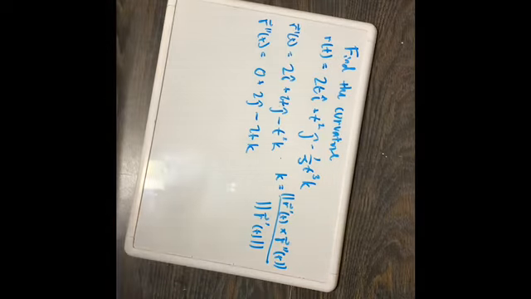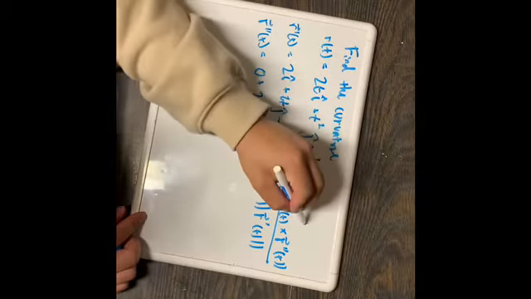Okay, now that we have r prime and r double prime, we just need to do the cross product of that. The vector notation for r prime is 2, 2, minus t squared. The vector notation for r double prime is 0, 2, minus 2t.